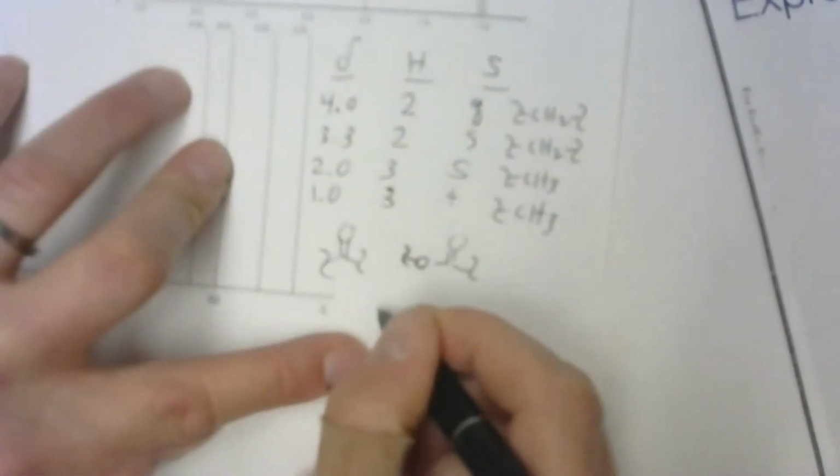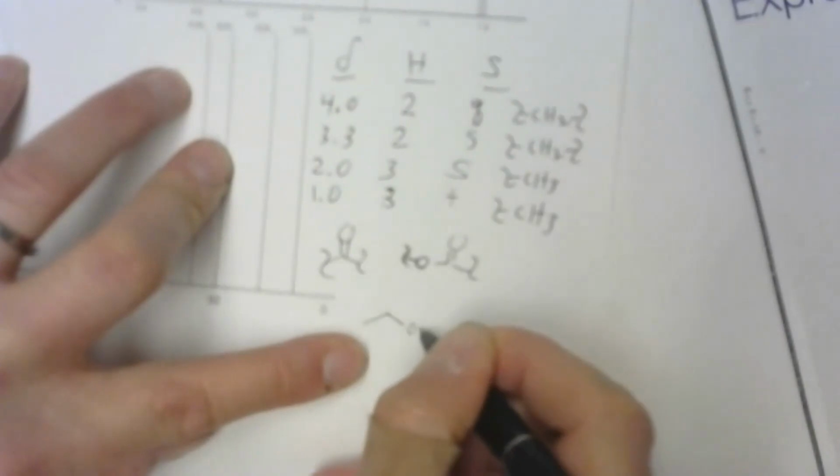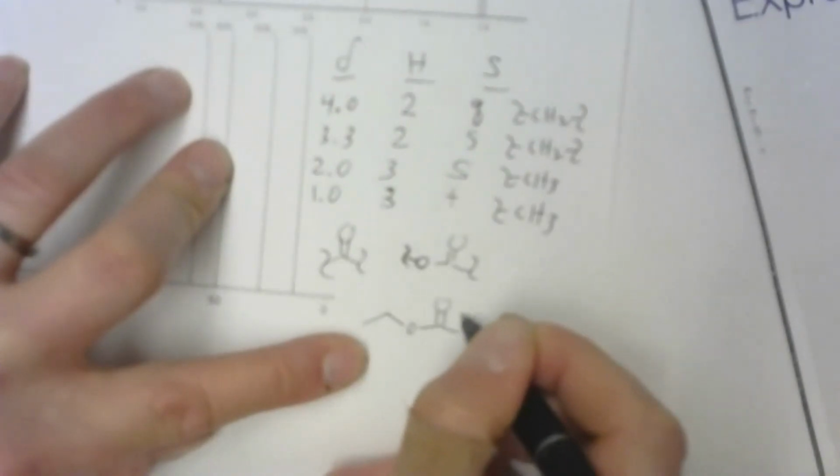So this CH2 and this CH3 are basically an ethyl group off the oxygen. So putting that together, we have an ethyl ester. Erase the top CH2 and the bottom CH3.